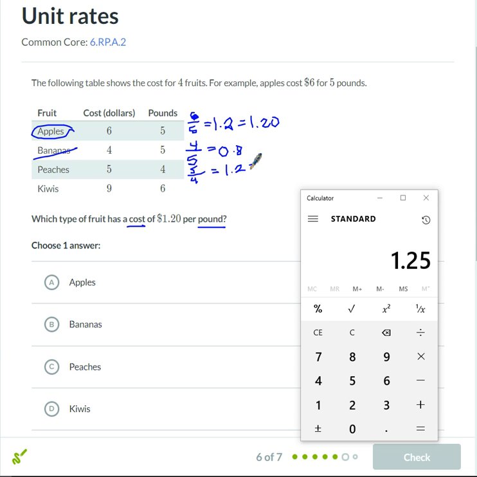So it's $1.25, and that's not what I'm looking for. Kiwis was $9 for 6 pounds, so 9 divided by 6. 9 goes in first. 9 divided by 6 is $1.50. So because 1.5 is equal to $1.50, that's wrong. So the only reasonable answer is the apple.